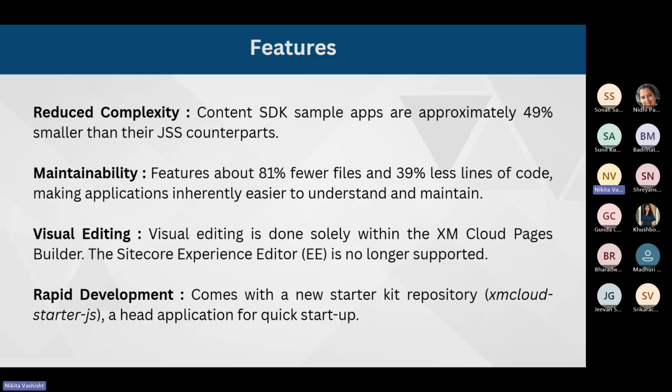We have almost 81% fewer files in Content SDK, and we have 39% less code, which makes it easier to understand. And then for visual editing, we use XM Cloud Page Builder. Just for reference, Content SDK is only compatible with XM Cloud. So for editing purposes, we use XM Cloud Page Builder. Experience Editor is not supported.